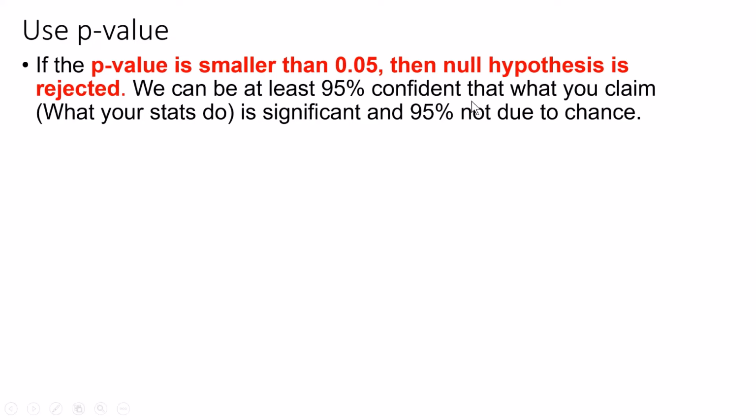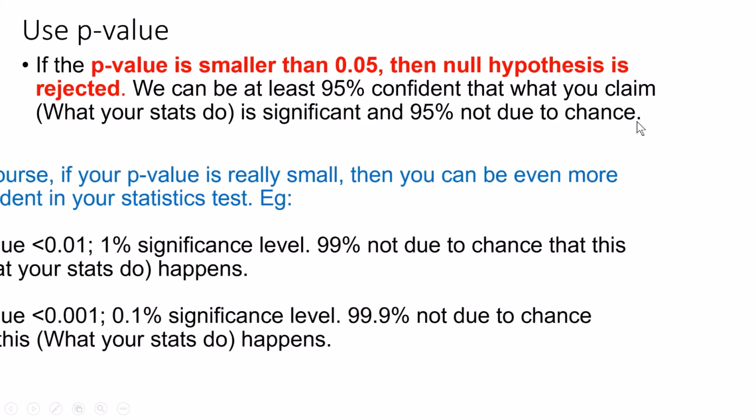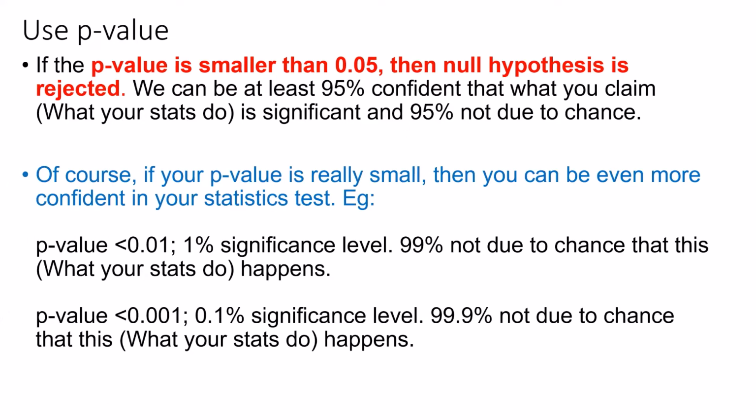That means that what your statistic test claims is significant, and 95% not due to chance. Of course, if your p-value is really, really small, then you can be even more confident in your statistic test. For example, if your p-value is less than 0.01, that means it's a 1% significance level, 99% not due to chance, and so on.